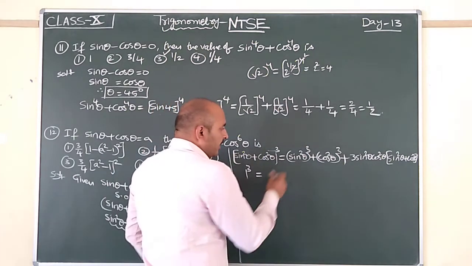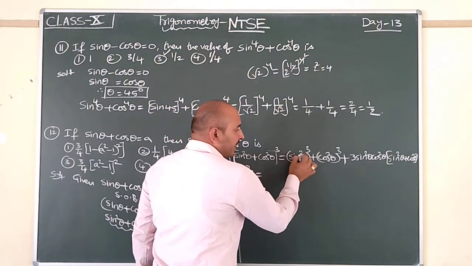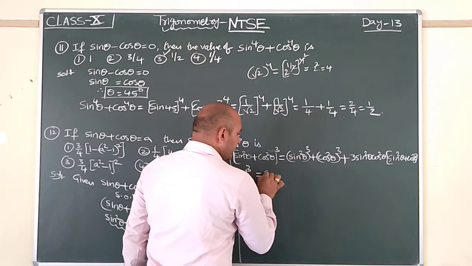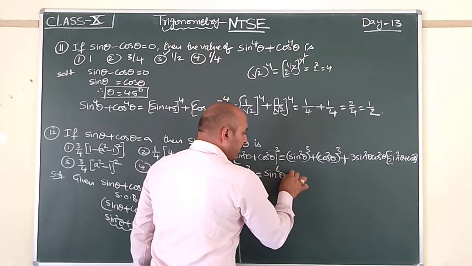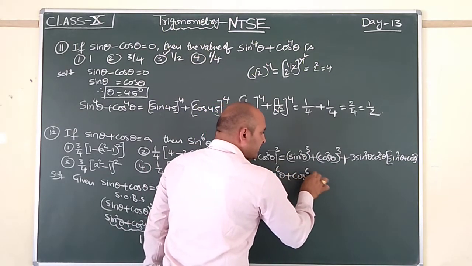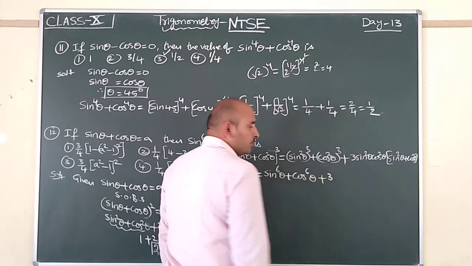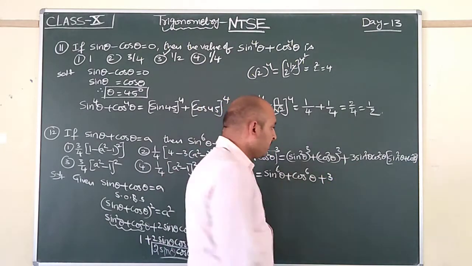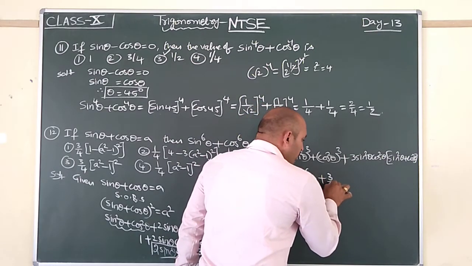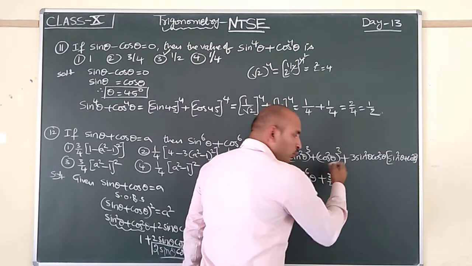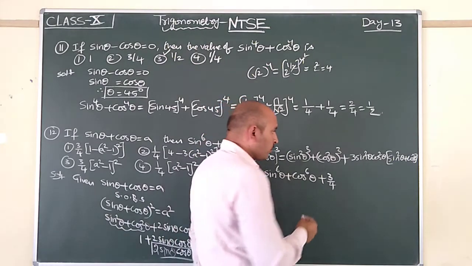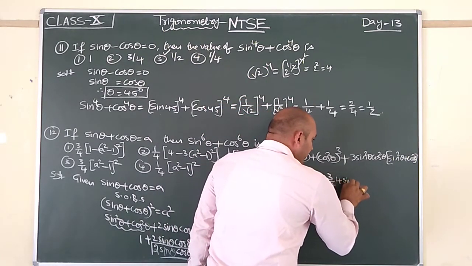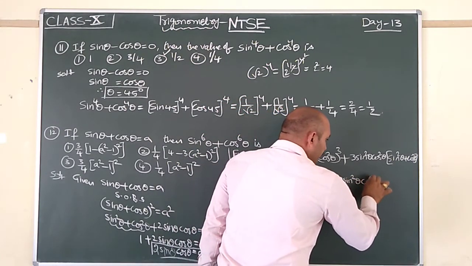a power m whole power n is a power mn. That means sin square whole cube is sin power 6 theta. So sin power 6 theta plus cos power 6 theta plus 3 into sin square theta cos square theta. I have to write this value with numerator and denominator multiplied by 4, so 4 sin square theta cos square theta.